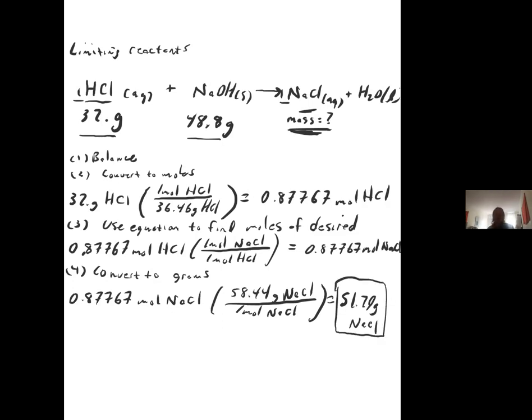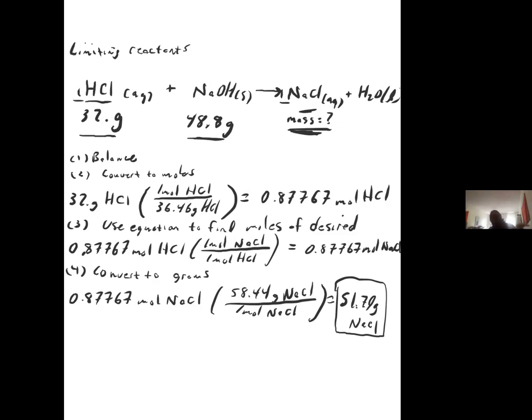Notice what I did. That's just like the 3.6 problem where you took the grams of the reactant and found the grams of the product. But this is a limiting reactant problem. So how is this different? The way it's different is that we're given the amount of 2 materials. So you do exactly the same calculation with the second reactant. You do steps 2, 3, 4 to find the grams of NaCl.